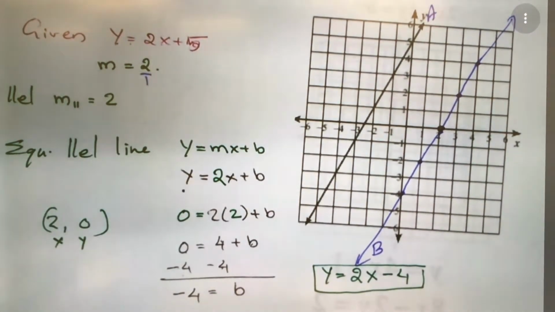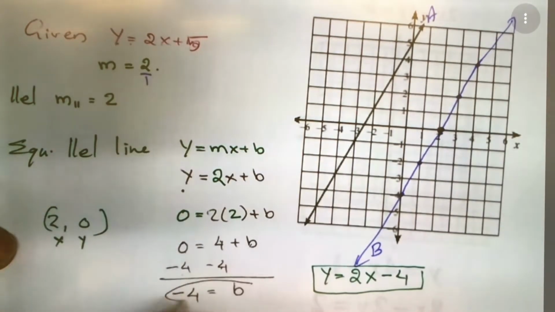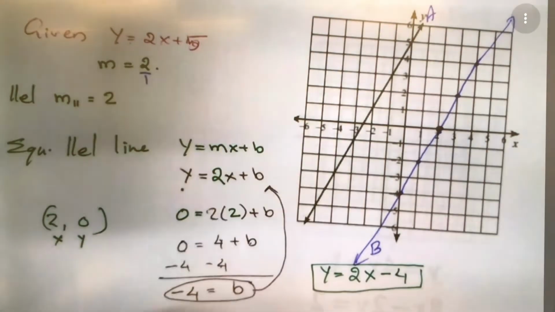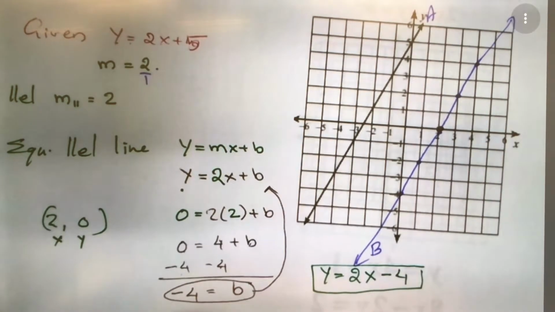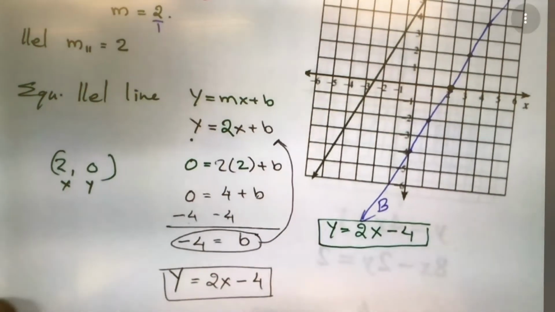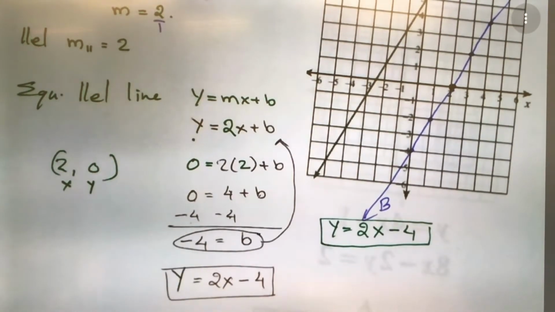Now I have b, so I replace b with negative 4. My equation of the parallel line is y equals 2x minus 4. So you get the same answer here too. It doesn't matter which method we apply, in both ways you get the same answer.